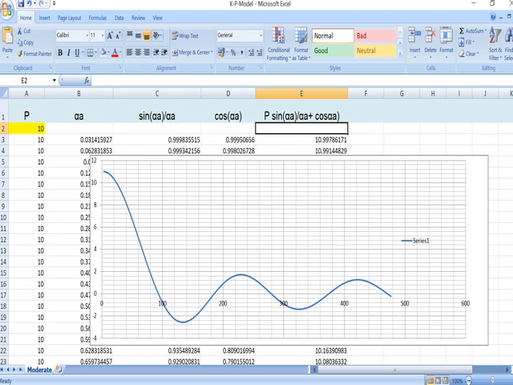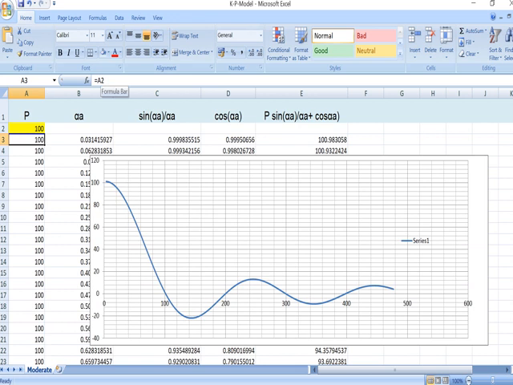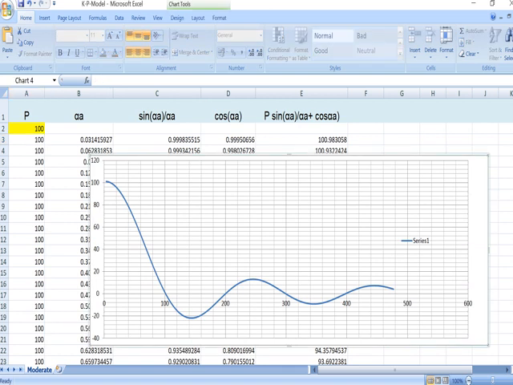Now what we need to do is change the value of P here, and then everything would change automatically and we can judge from this particular graph.